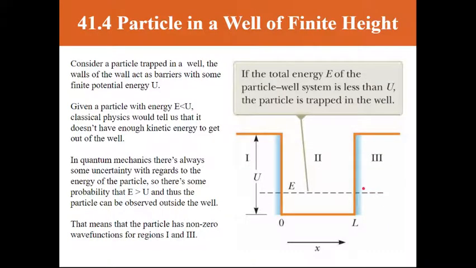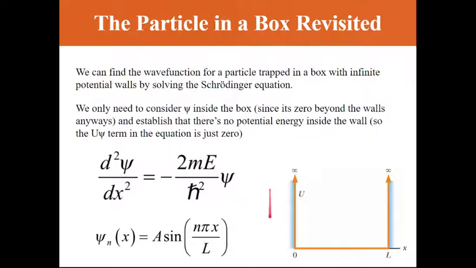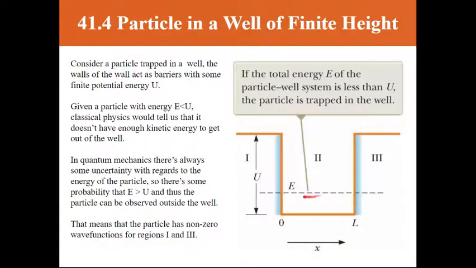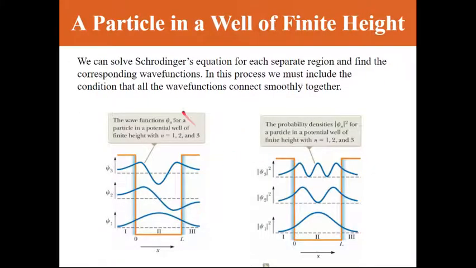For the particle in the box, the probability density on this side and this side was zero because the particle was stuck, because these barriers were infinitely high. But in this case, the barriers are finite, so they can be overcome in quantum physics. So the wave function must be more than zero in this region and this region, because there is some chance, smaller than in the middle, but still some chance, that you can observe the particle outside the well.